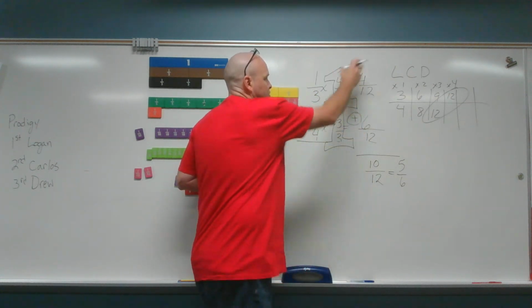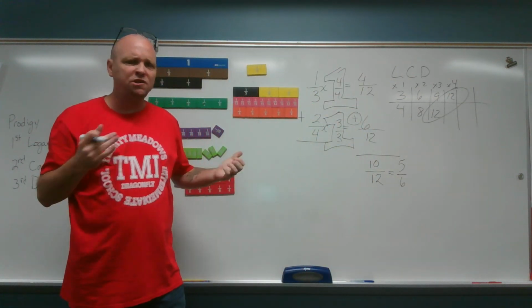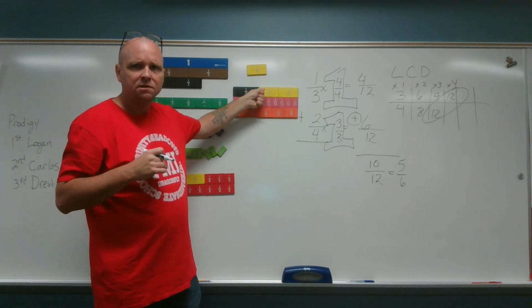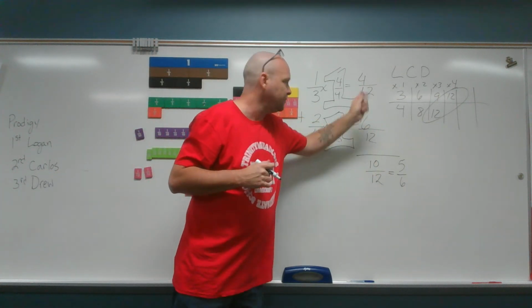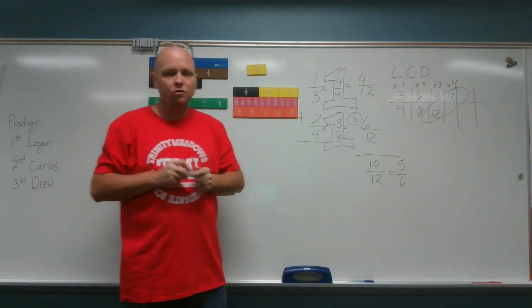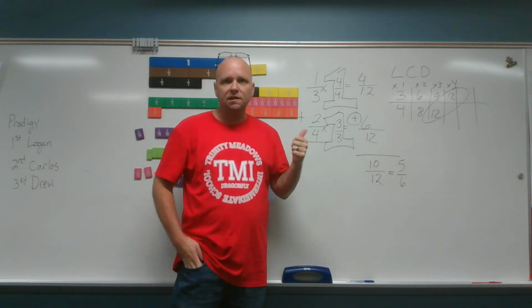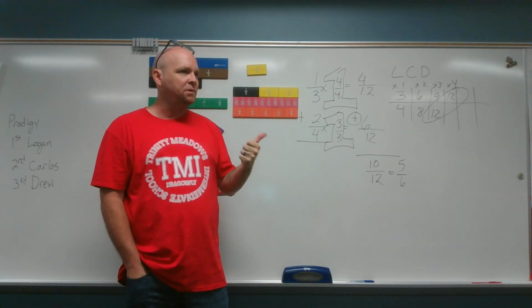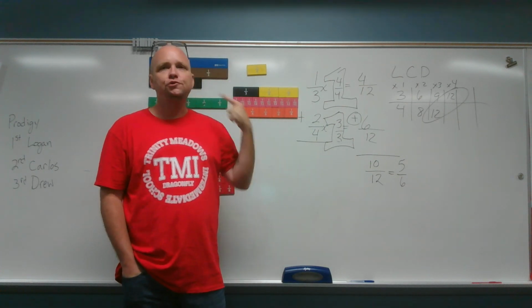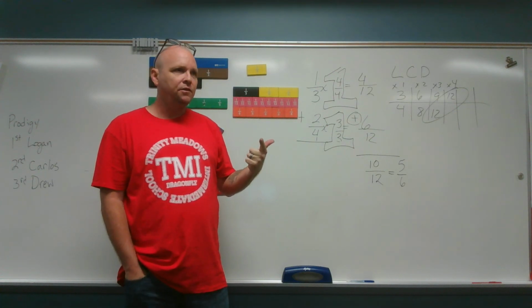So once you change those and we have a common denominator, and we start with fraction pieces, that'll help. Then you just add the numerators. That's important to remember. The important part is you have to have a common denominator, and you do not add the denominators.